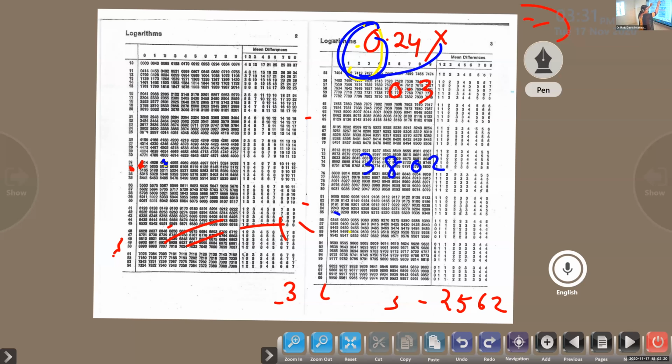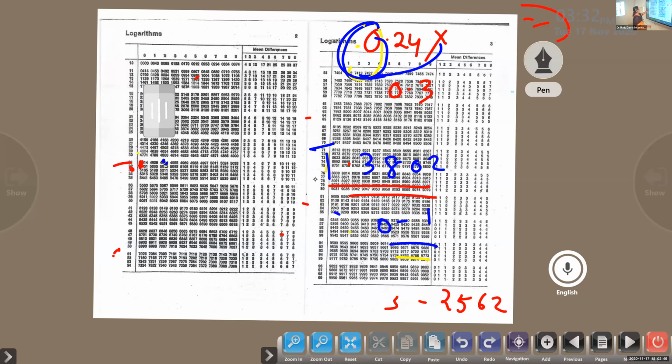We usually count the digits before the decimal. In the first question, I was just giving a full number, so there is no issue of this. You just count it and minus. But in this case, you have a decimal number. There is no number before the decimal. It's 0. So 0 minus 1, bar 1.3802. It is actually negative 1.3802.